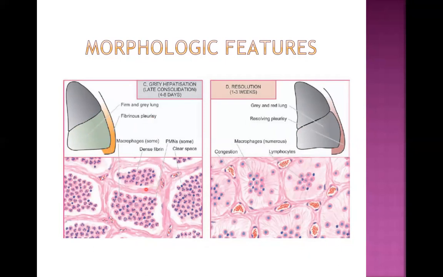Then those PMN cells or neutrophils are still there, but it is not as dense as in the red hepatization stage. I can already see some gap here, meaning they are slowly going to resolve, and this is followed by resolution, which may complete in 1 week or 3 weeks. It depends on the treatment. If treatment is provided early, probably in 1.